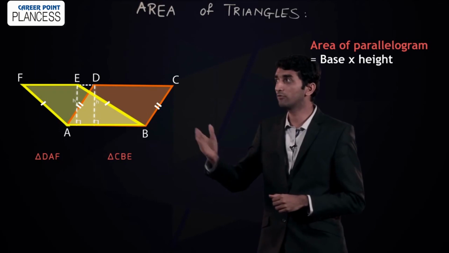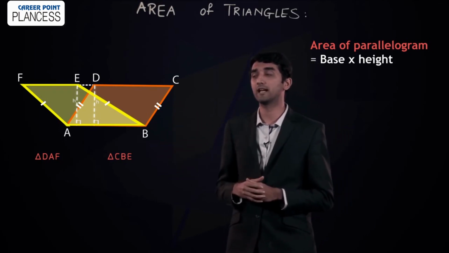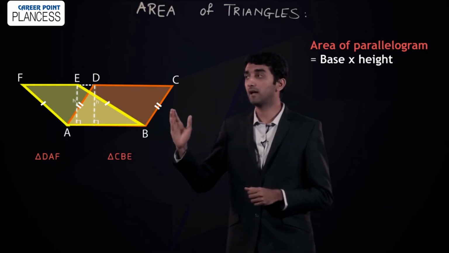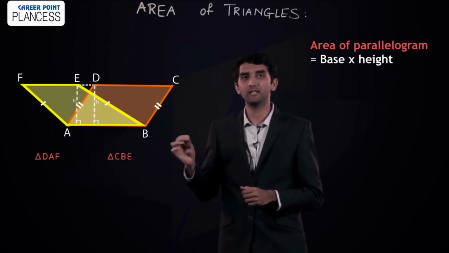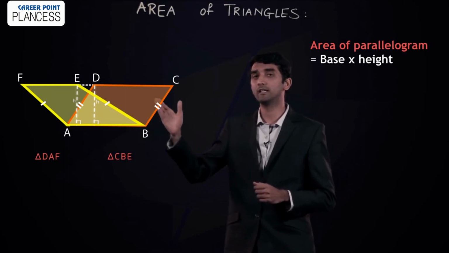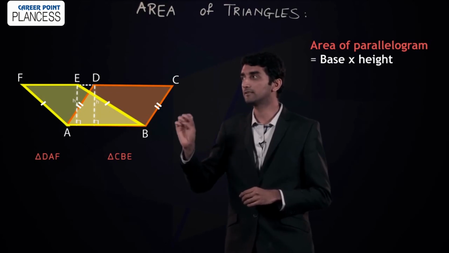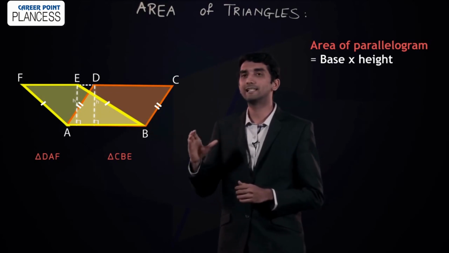Now, the area of the parallelogram ABCD is nothing but the area of the triangle CBE plus the common area ABED. Likewise, the area of the parallelogram ABEF is nothing but the area ABED plus the area of the triangle DAF.